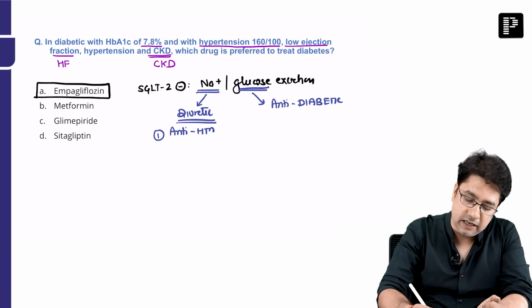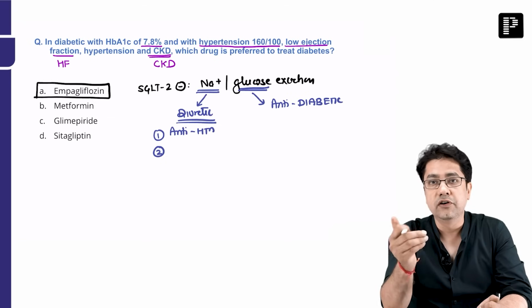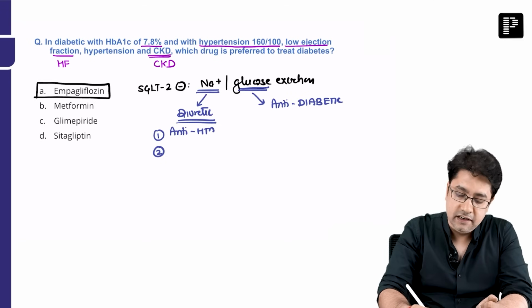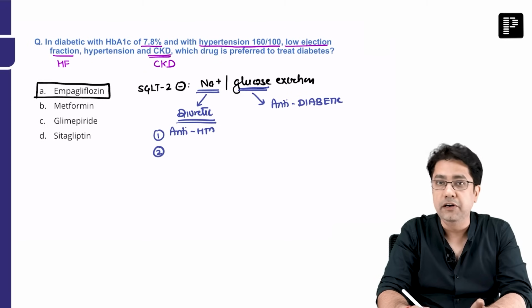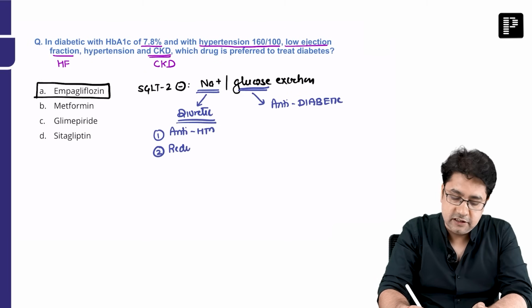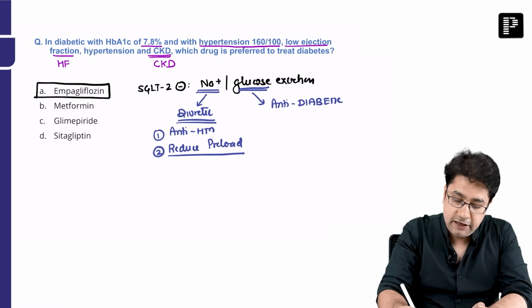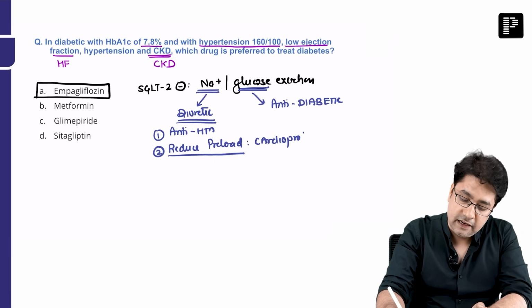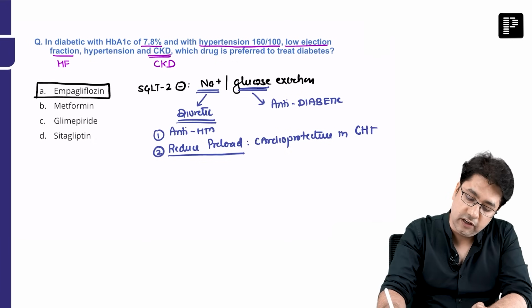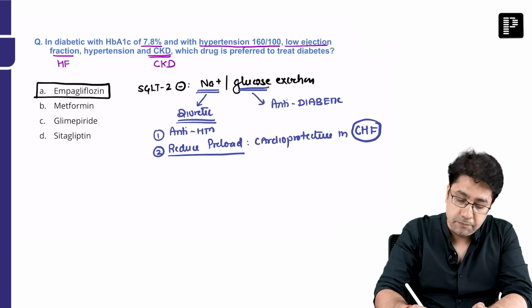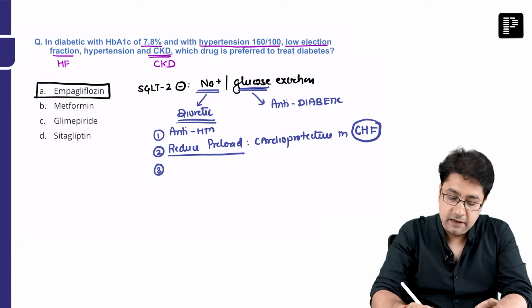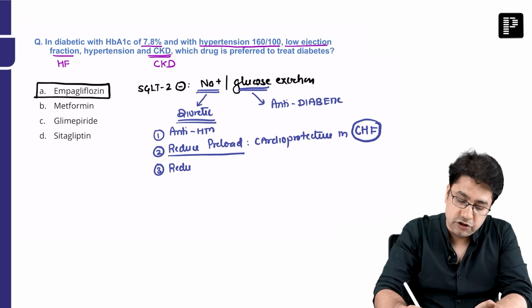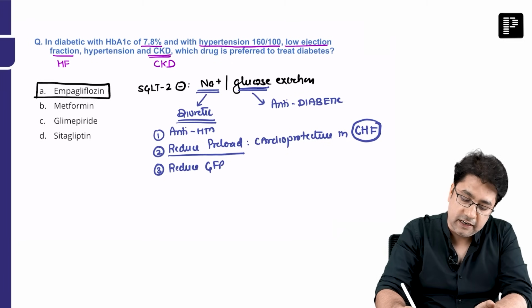So the patient was having hypertension. Second point, because of the anti-hypertensive effect, these drugs reduce blood supply to the heart. Hence, these drugs reduce preload on the heart. And because they reduce preload, they have cardioprotective action in heart failure patients, especially chronic heart failure patients. Now, because they are reducing blood pressure, can we say they will slightly reduce GFR also, glomerular filtration rate?